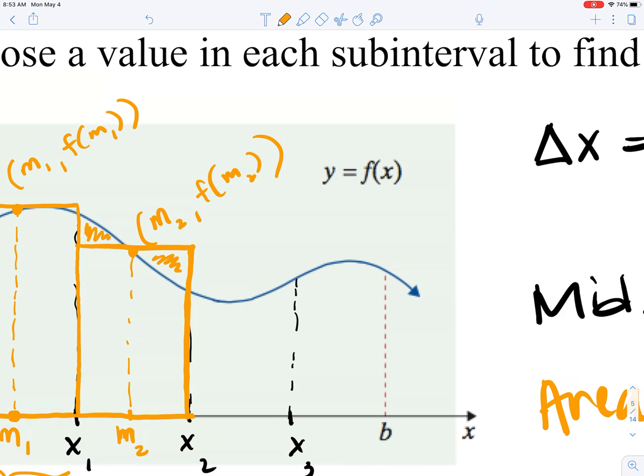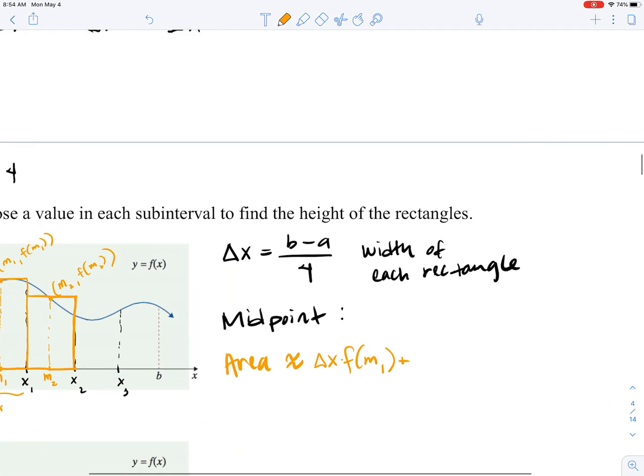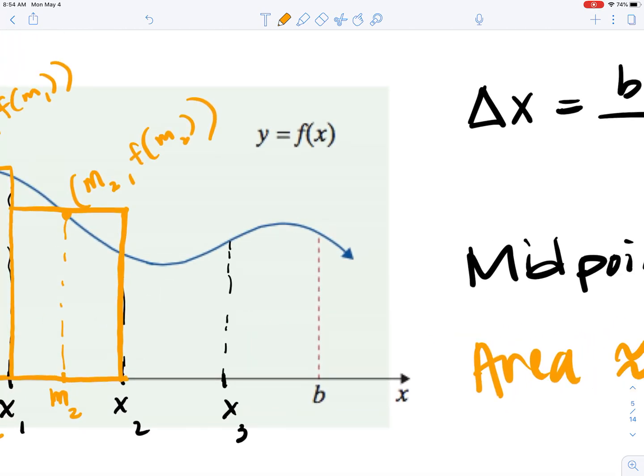And you can already see how this corner over here is going over the curve, and then we're missing this corner right here. So you can start to see why this is going to be an estimate of the area. So going back over to my equation, I would have delta x times f of m sub 2. That would be the area of the second rectangle.